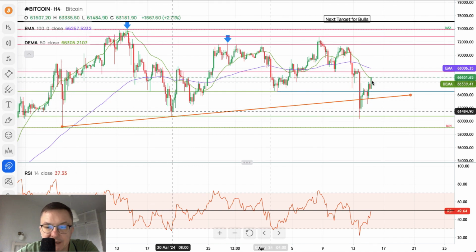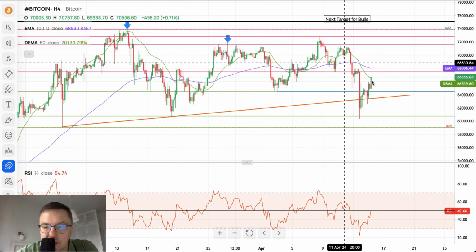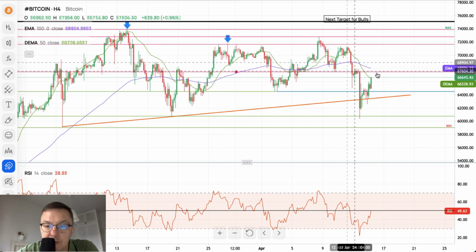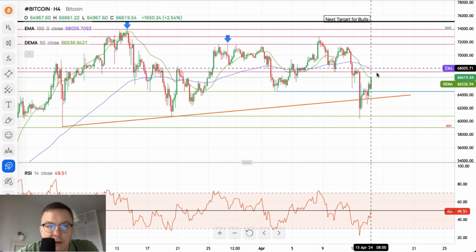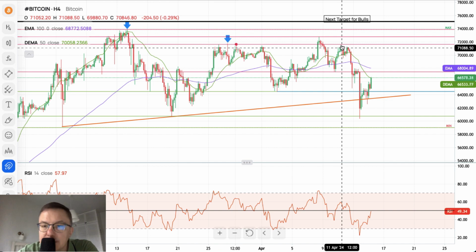The technical support was tested, very nice. 60,745 was tested, a nice rebound, and if we break 68,000, and that's exactly 67,510, and then above the 100 periods moving average, there is a chance we will trade back above $70,000.